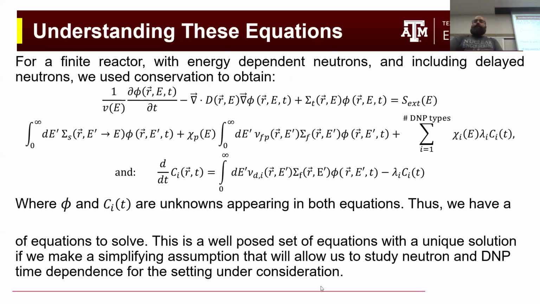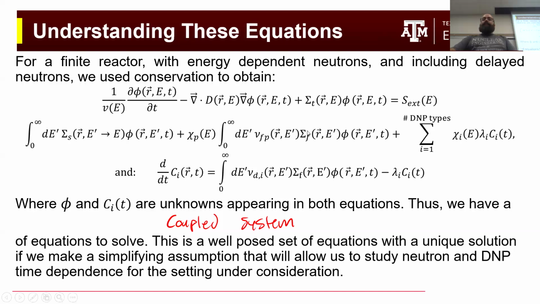So these are the equations that we just wrote. Phi and those concentrations are the unknowns that we have in both equations. And that means that we have what would be considered a coupled system. If we want to solve these equations, we need to find phi and we need to find those concentrations.